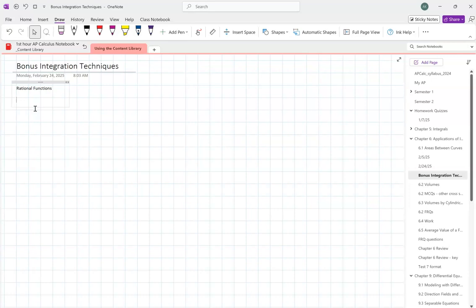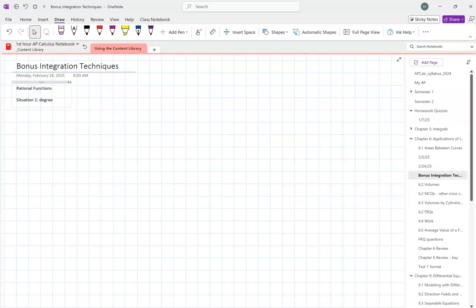We're going to look at several different situations, and we'll talk about the technique that we can use to deal with each.